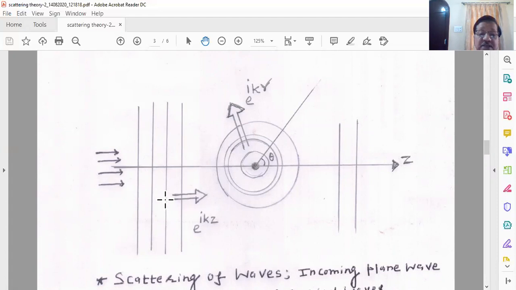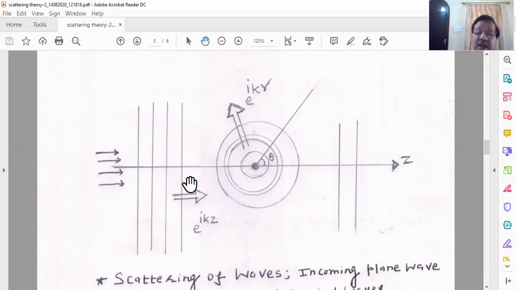When these plane waves enter the potential field produced by the scatterer, the target, they are scattered. The scattered waves are basically spherical waves.